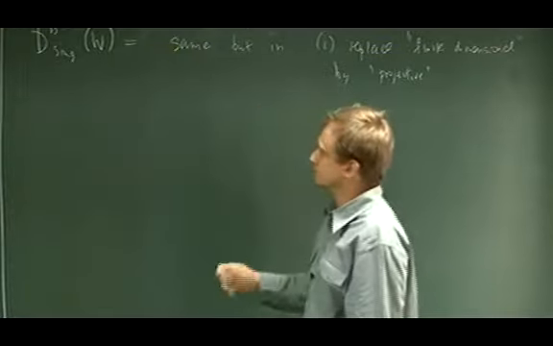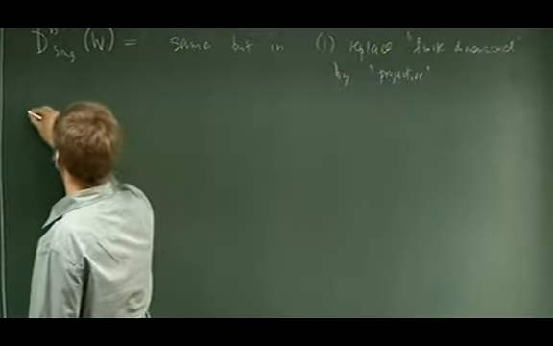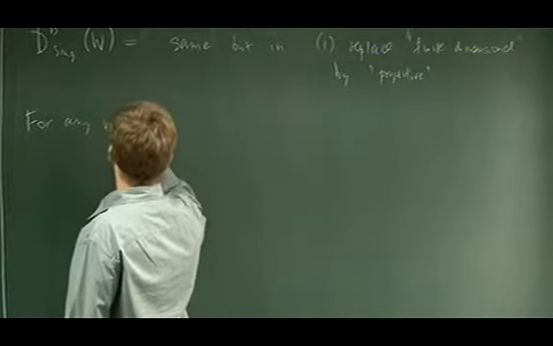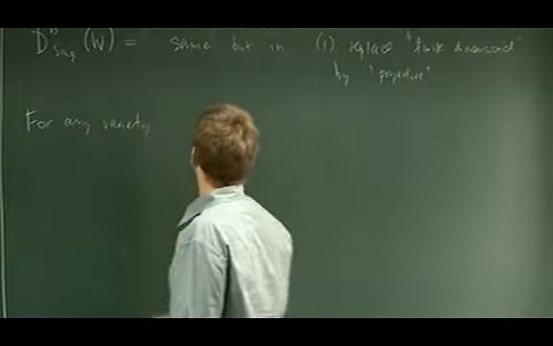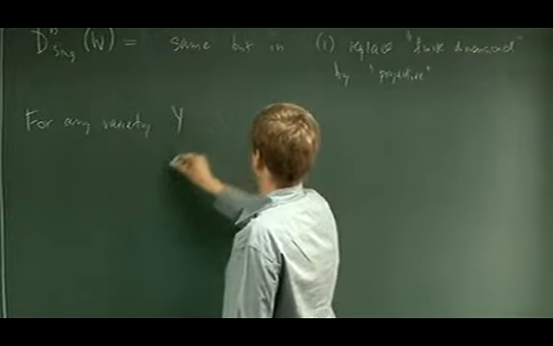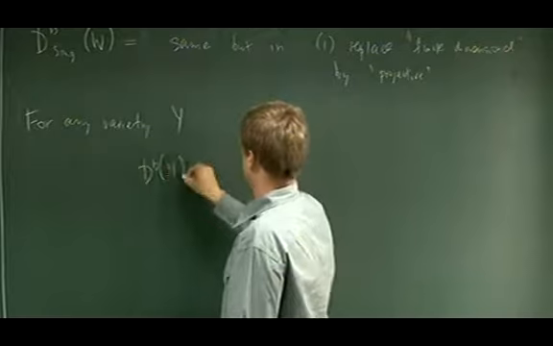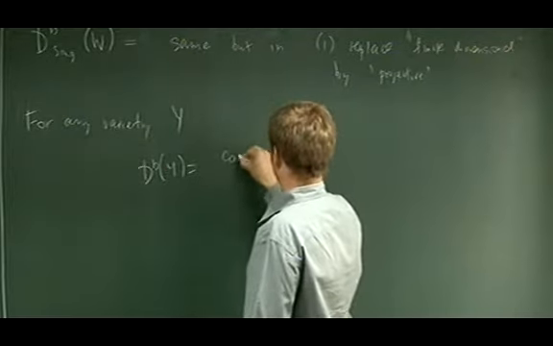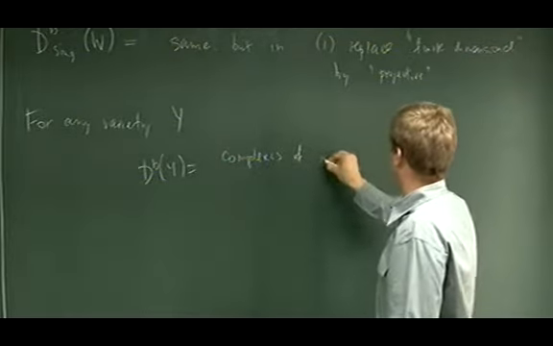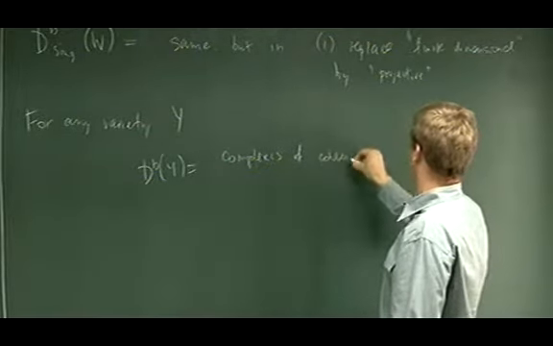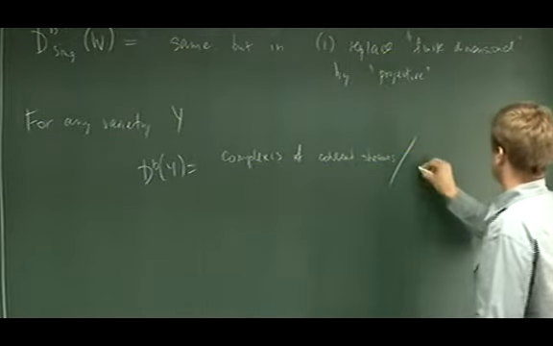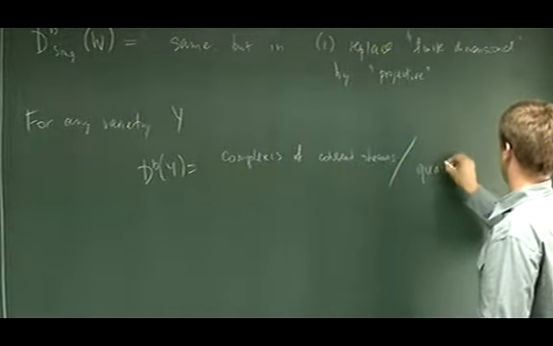And so, for any variety, I'll say Y, we can define D^b(Y). So this is complexes of coherent sheaves up to quasi-isomorphism.